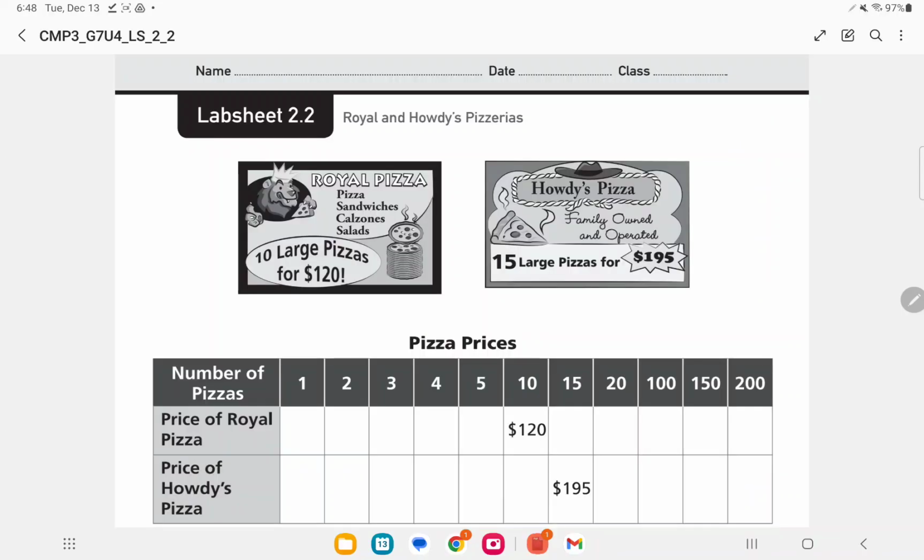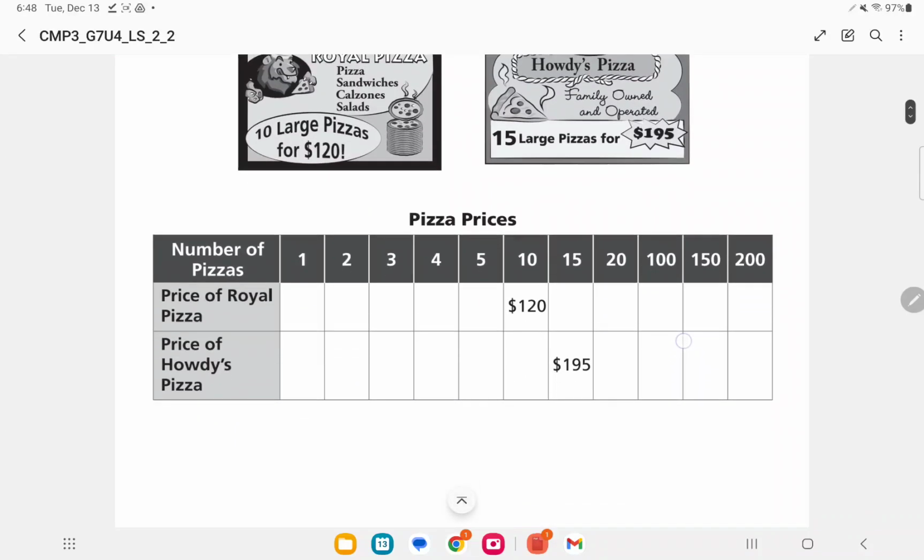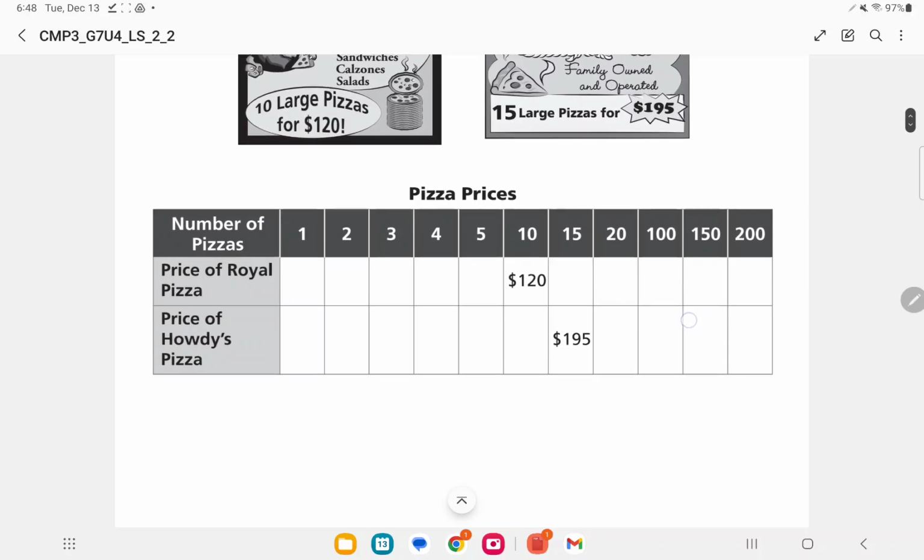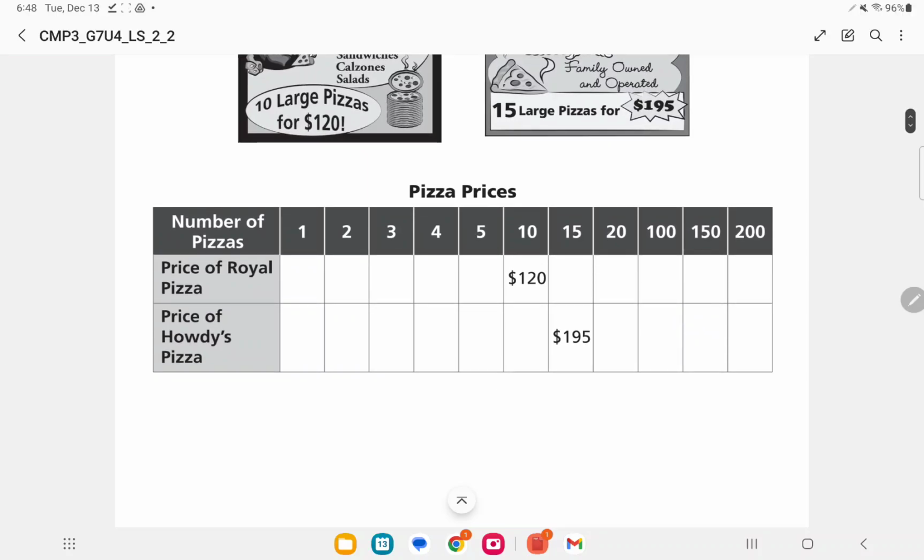So here's our lab sheet, and it's got the graphics for the 2 different pizza places up there, and it's got a rate table here. So let's go ahead and answer number 1. It says copy and complete the prices for each of the numbers of pizzas shown. So go ahead and do that. Complete this rate table.